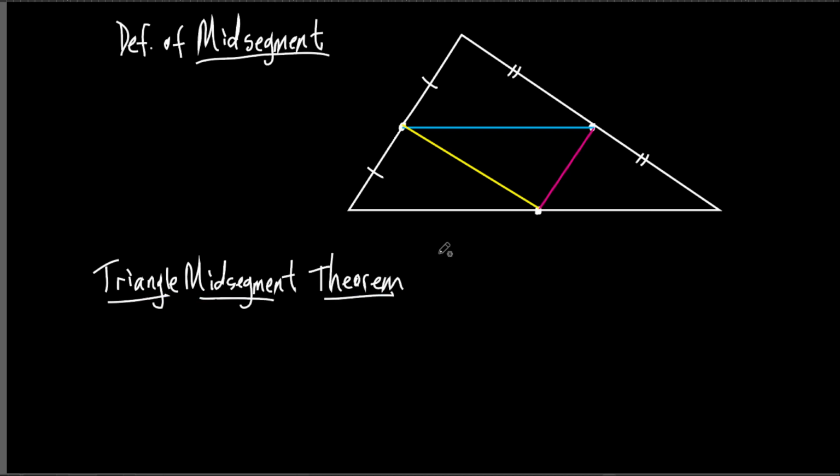Now, what does the theorem say? Let's take a look. I didn't draw these midpoints exact, but it's pretty close, all right? Look at this blue one right here. It connects the midpoints of these two sides. What I want you to do is look at this blue one.